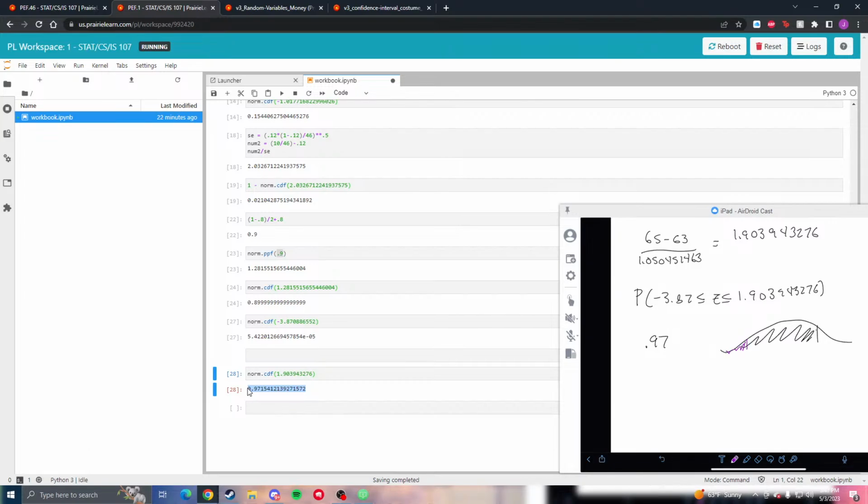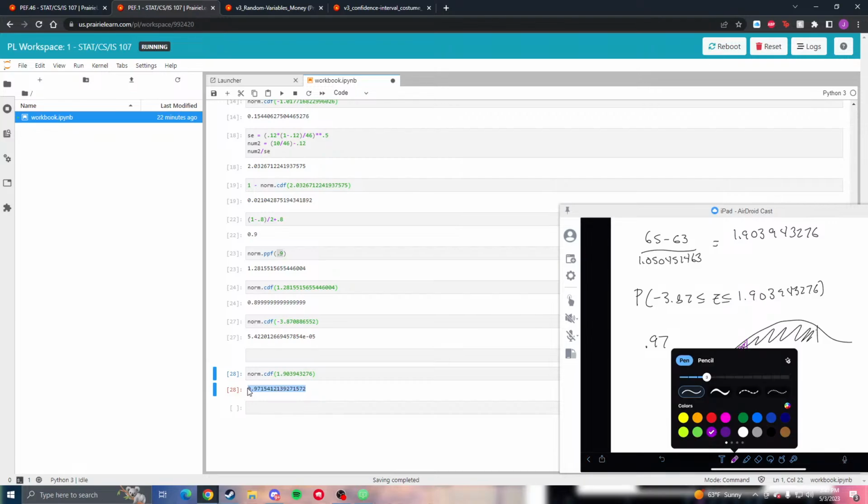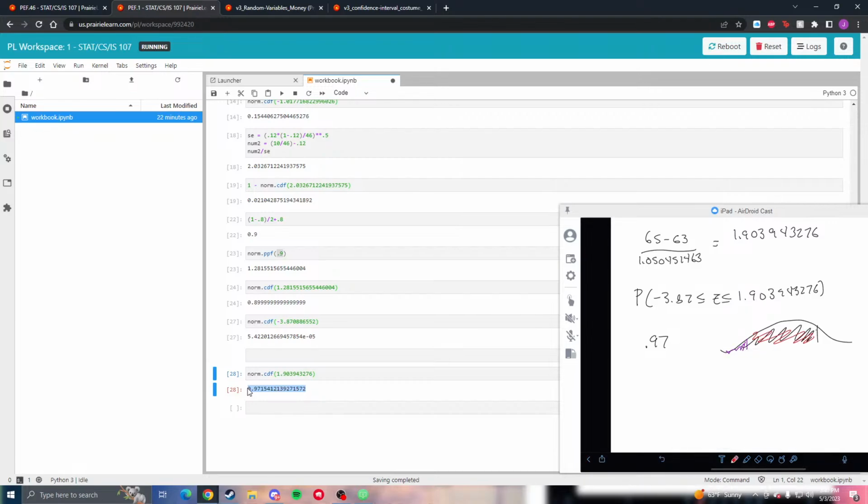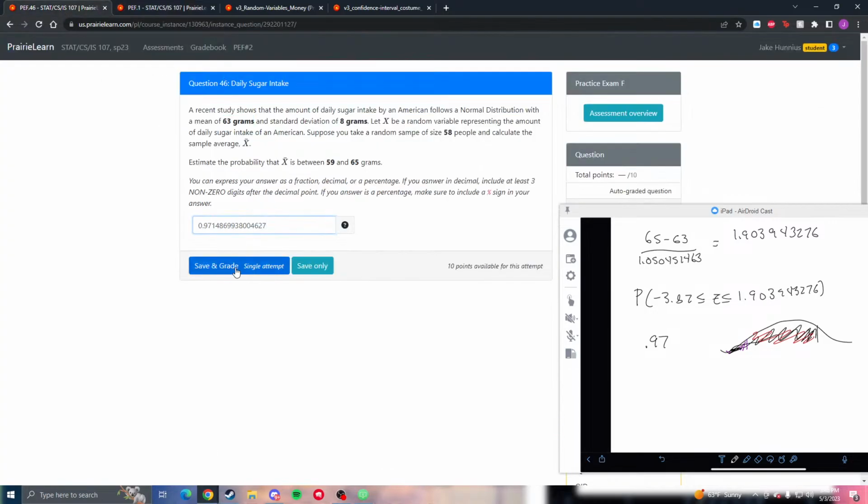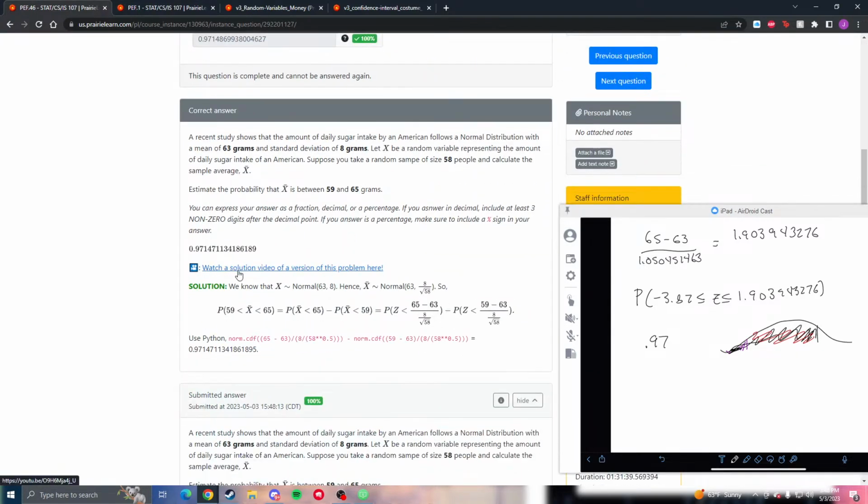In order to get what's in the middle, we take the black area, which goes all the way into the purple, and then subtract off the purple area. So we take the 97 and subtract the 5 times 10 to the negative fifth, and we get that, which should be our right answer.